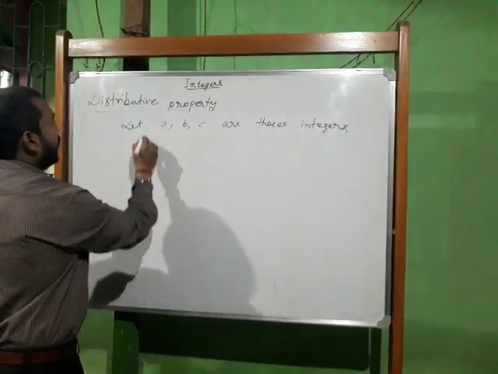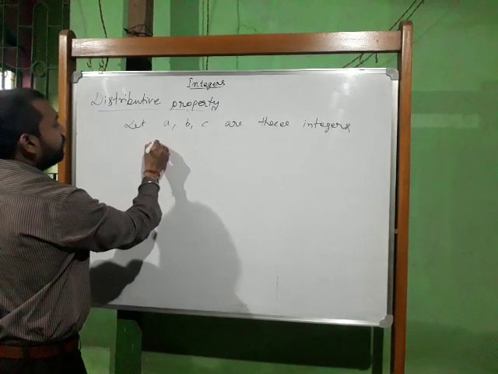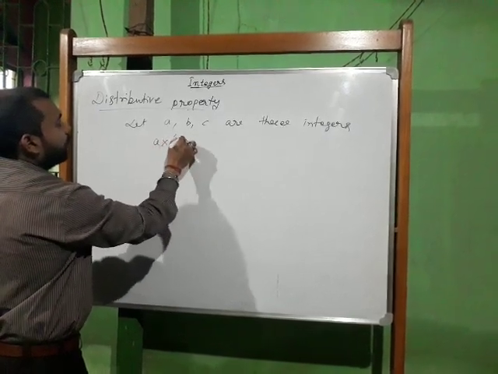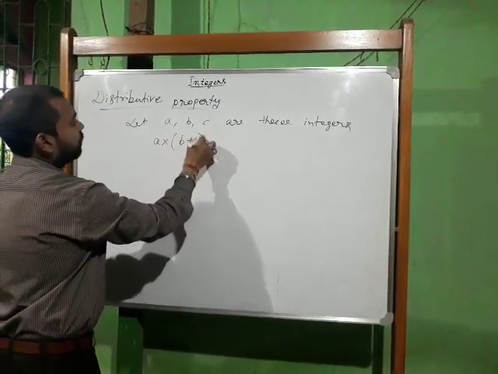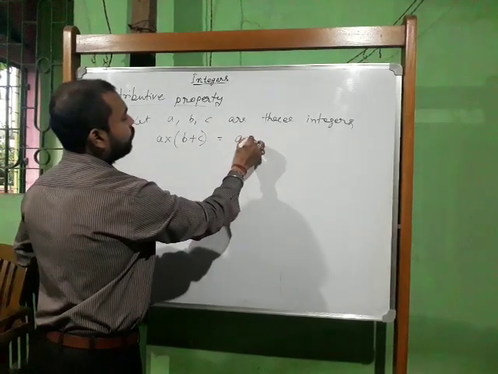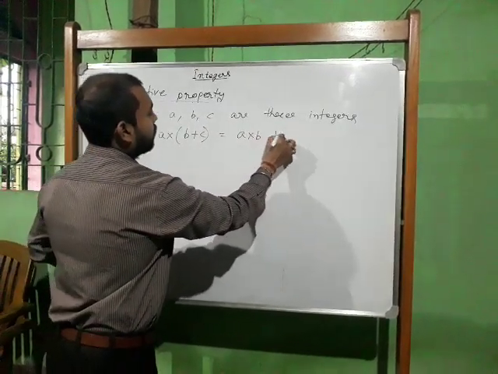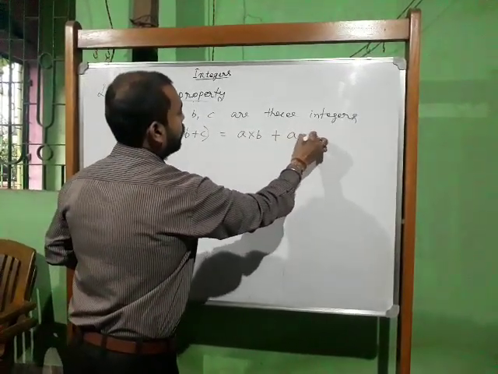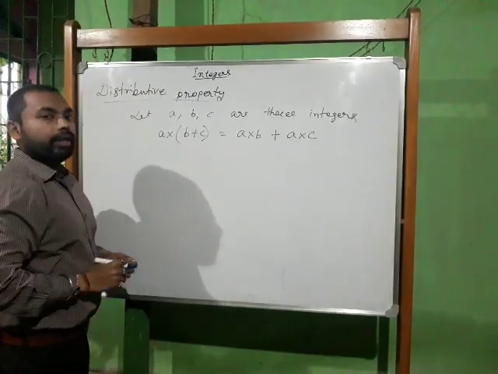According to the distributive property, what can we write? a into (b plus c) is equal to a into b plus a into c. This is the distributive property under addition.